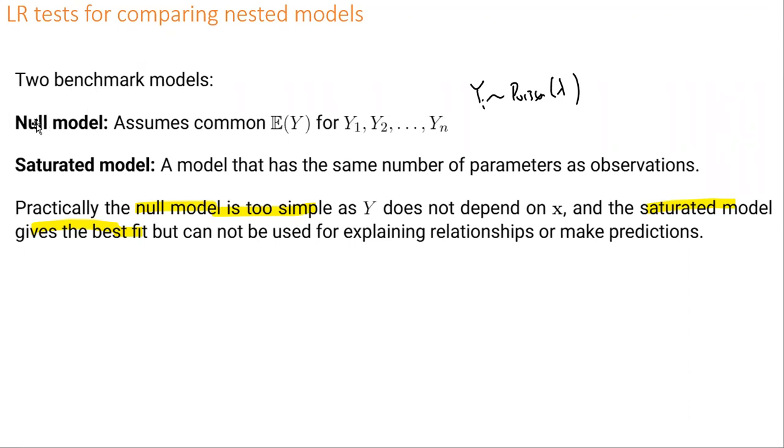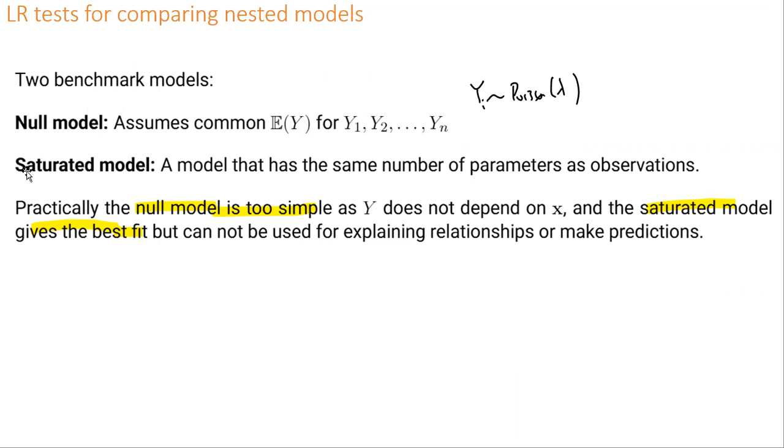In this model, your parameter is lambda, it does not depend on covariates and therefore does not depend on beta. The null model is basically what you first did with MLE in ST102.